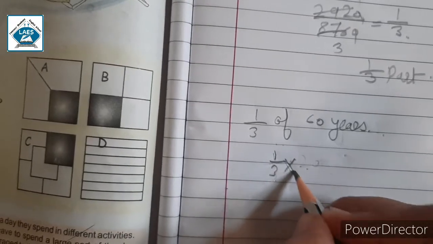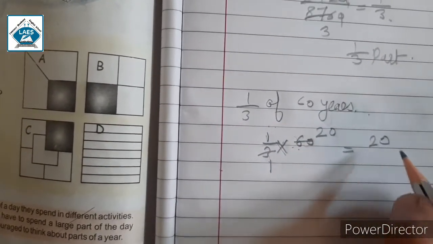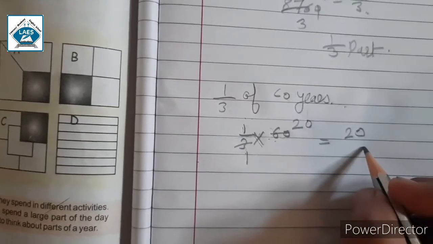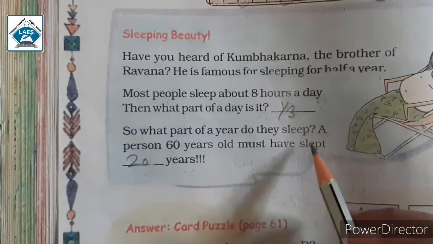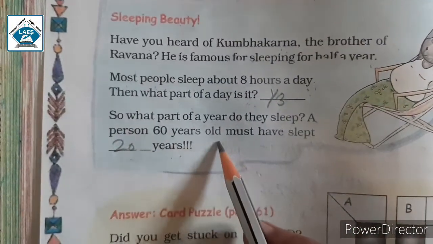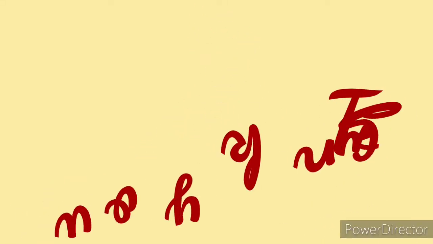We can see 1 upon 3 multiplied by 60. 3 ones are 3, 3 twos are 6, 0 is equal to 20. 20 years. A person 60 years old must have slept 20 years. Students, here we complete our chapter number 4, that is parts and wholes. Thank you.